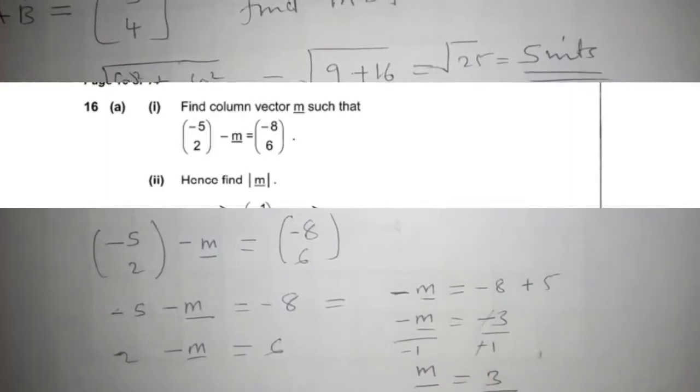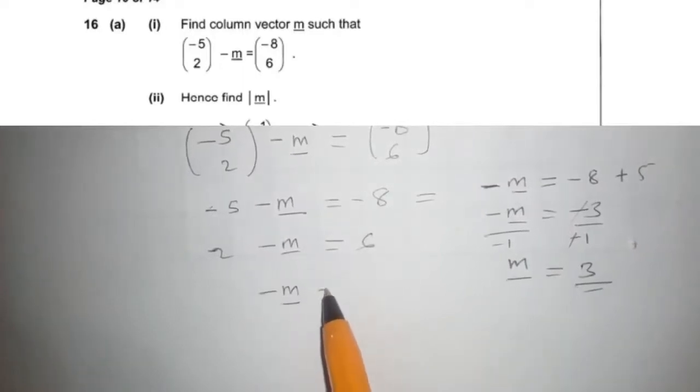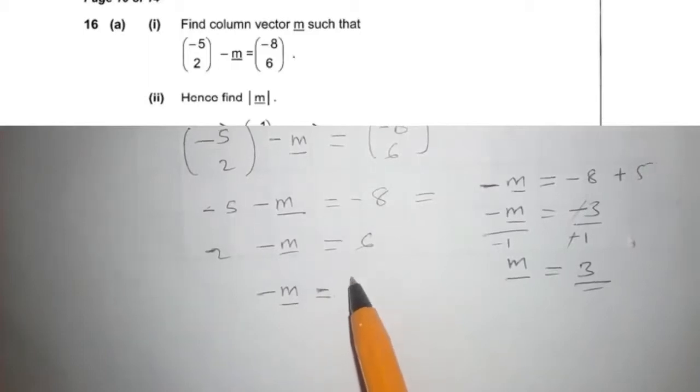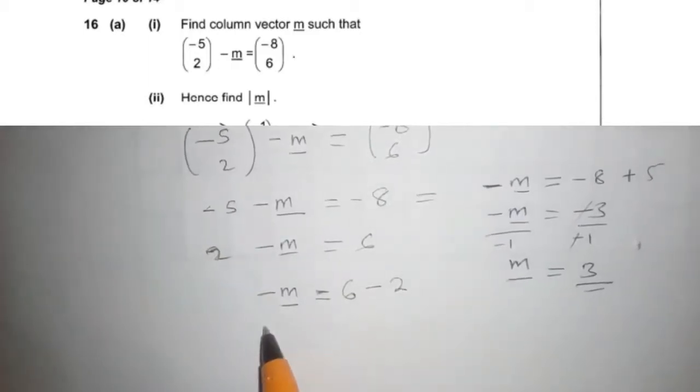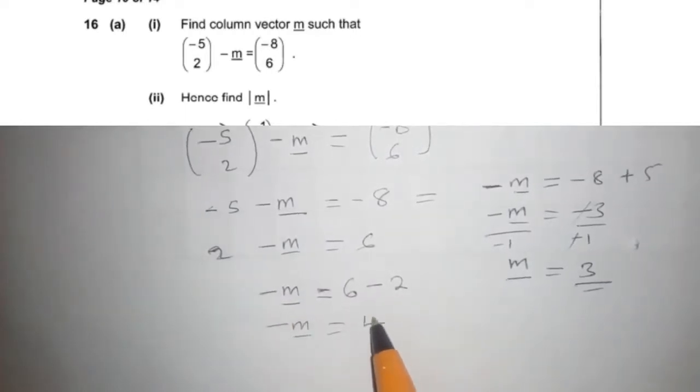So we've known now the top number is 3. So we go to the other equation. So negative vector M is equal to 6 minus 2, which is equal to 4 here.